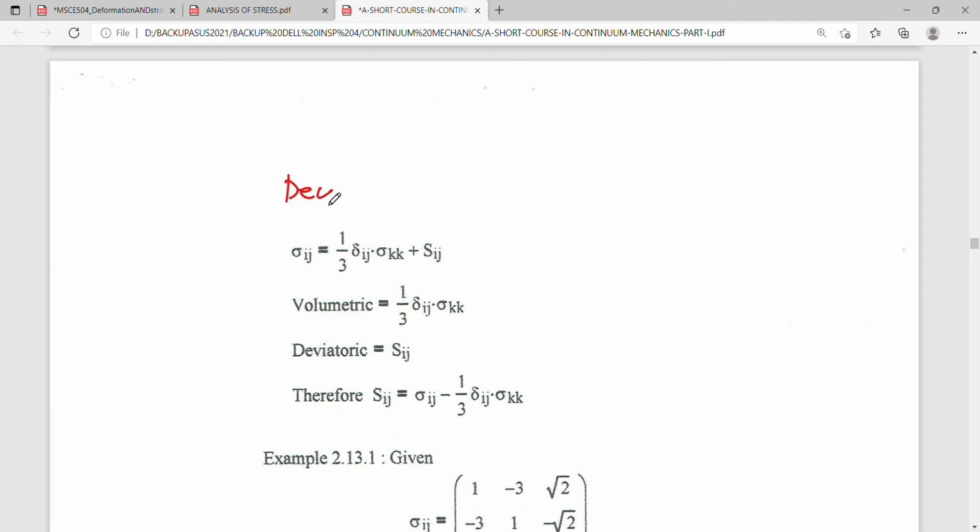So we try to decompose this stress tensor into a volumetric part. This is the volumetric part, or the spherical part, and this is the deviatoric shear part.